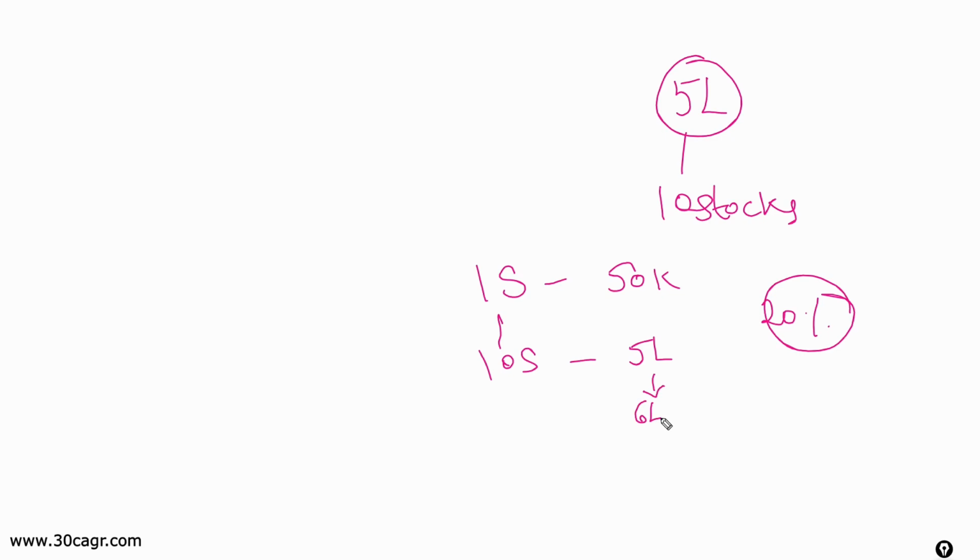Now next month when you are reallocating your capital, you need to ensure that you don't change this number frequently. When you decide the number of stocks that you want to invest in, that should stay the same for the entire year, or I would say for the entire 5 to 10 years time horizon. Now divide this 6 lakhs again by 10 stocks, and whatever is the output, make sure that you invest this amount in each stock.